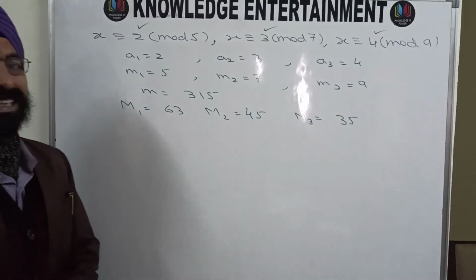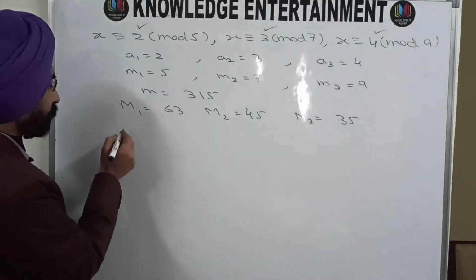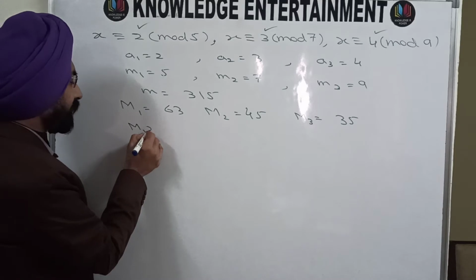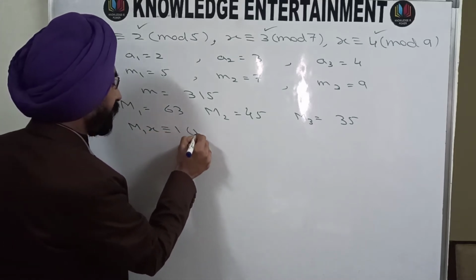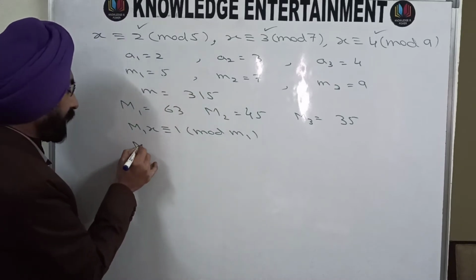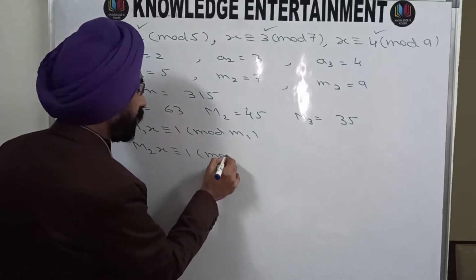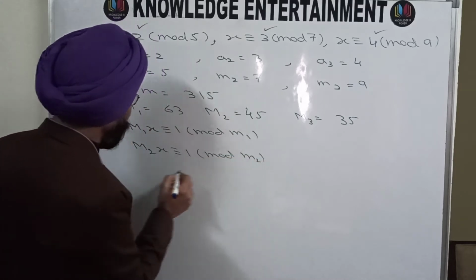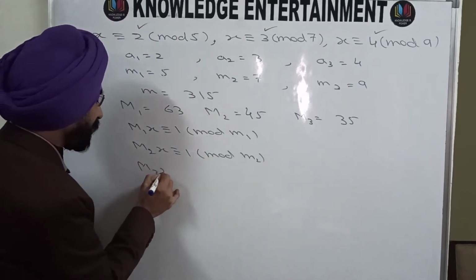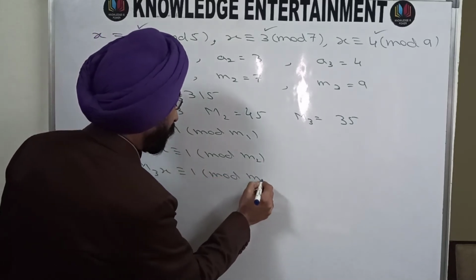And now consider the three new congruences, namely M1x congruent to 1 modulo m1, M2x congruent to 1 modulo m2, and M3x congruent to 1 modulo m3.